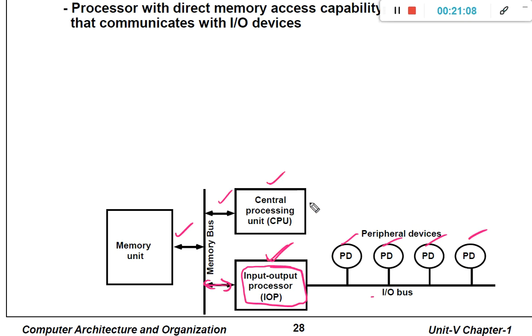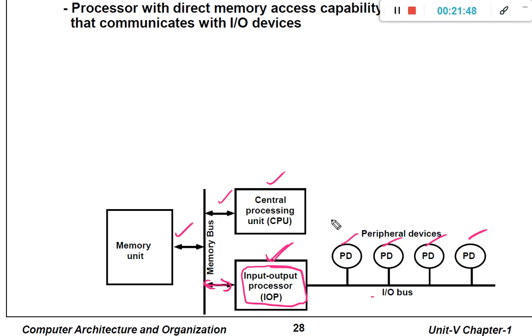So we bifurcate two different processors so that they perform their own individual operations, and accordingly the burden on the CPU will be reduced drastically, because now the CPU executes only the memory reference and register reference instructions. The I/O processor is going to perform all of the I/O operations within the computer system using the direct memory access technology.